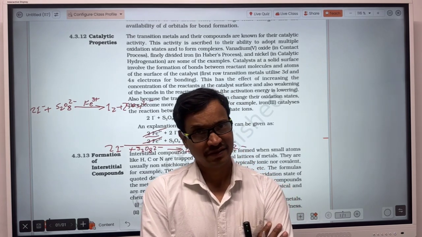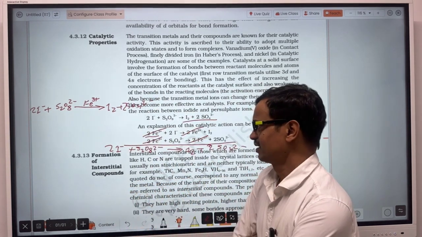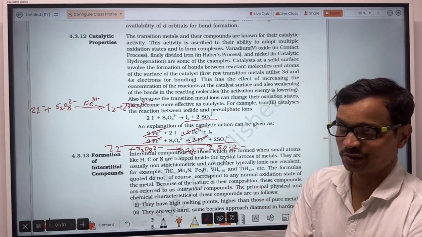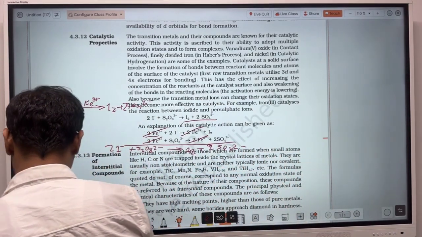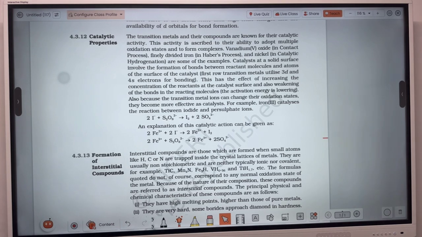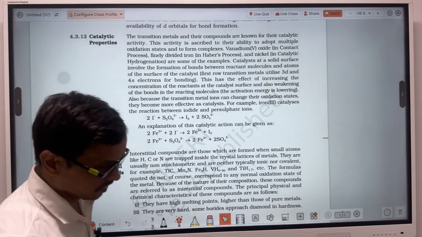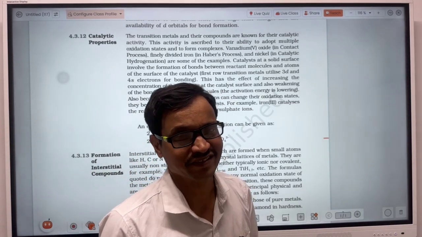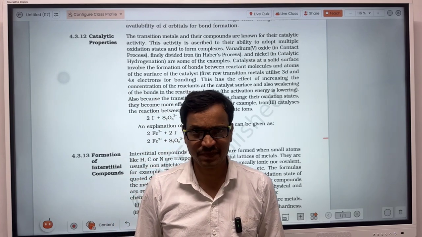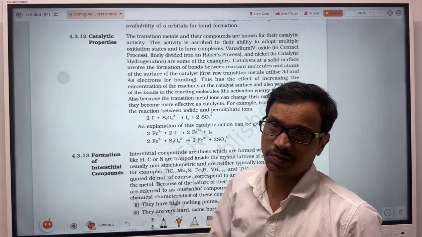Clear? So d block elements show catalytic properties due to the presence of incomplete d orbitals. Earlier we discussed why transition metals show complex compound formation. That was also due to incomplete d orbitals, and transition metals show catalytic properties also due to the presence of incomplete d orbitals.